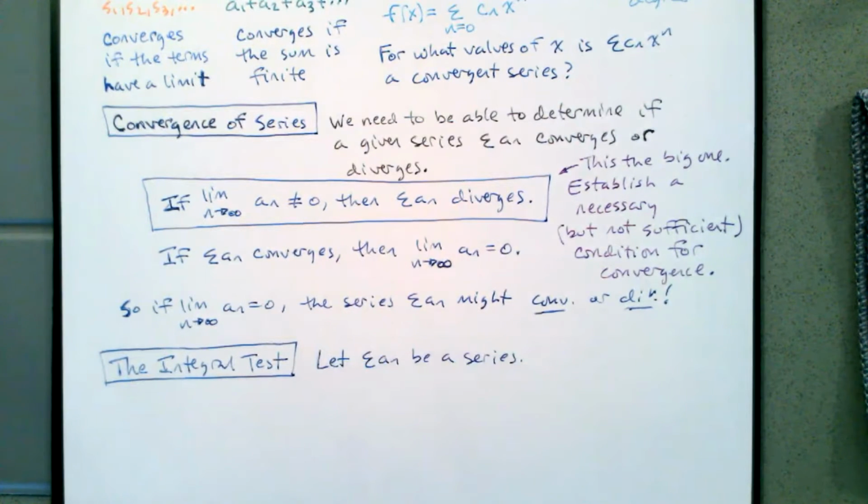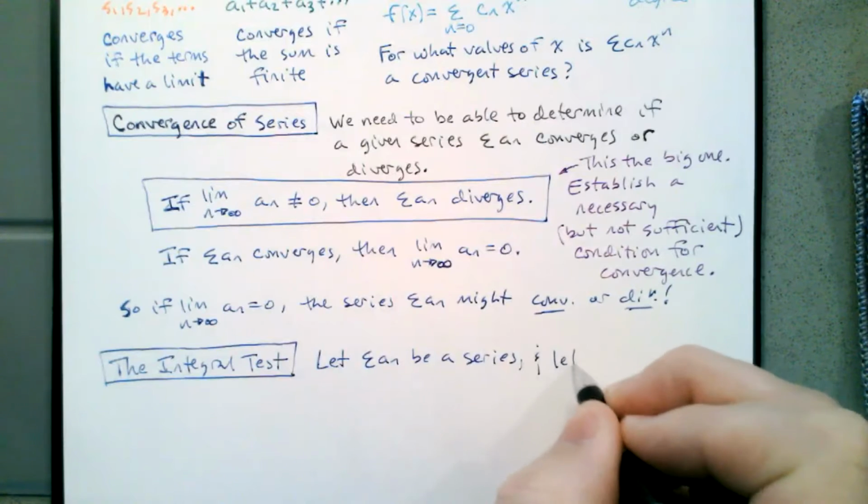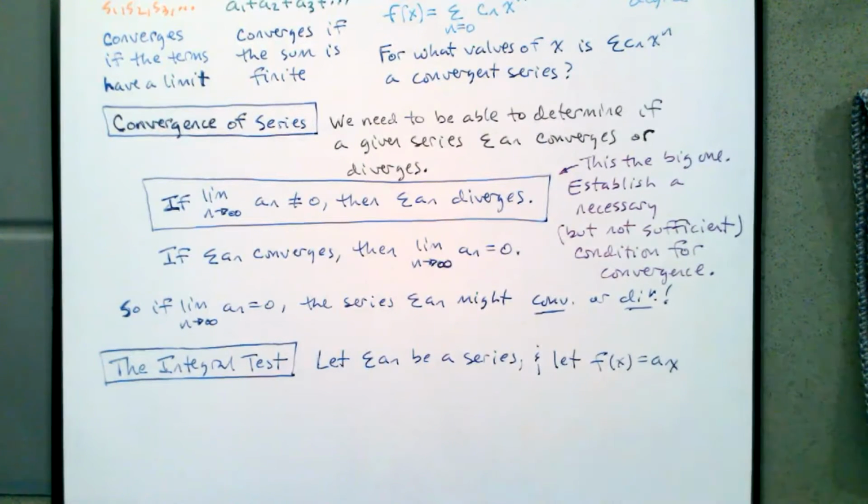All these tests are going to start off with one series, and we're trying to determine if that series converges or diverges. So let's let a_n be a series. First, let's make a function, f of x. Just take the terms of the series and make a function out of it.